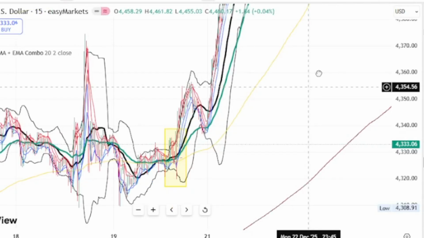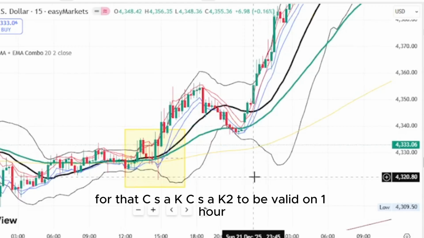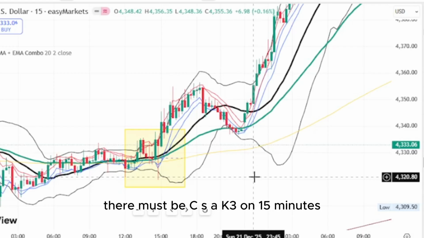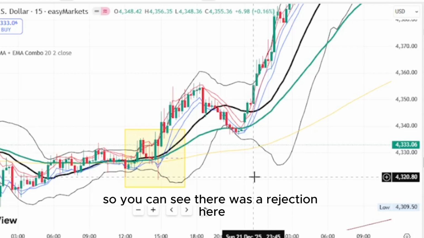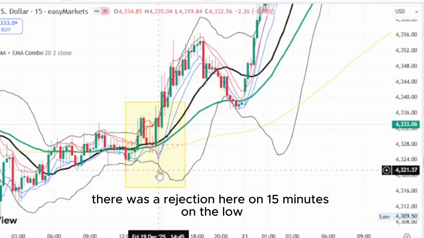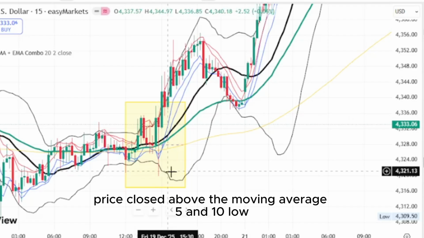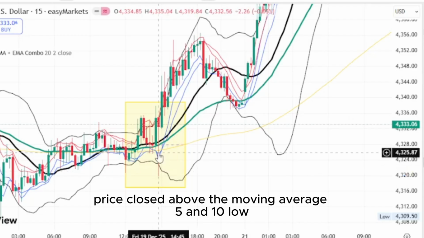So what was my explanation for that CSAK 2 to be valid on 1 hour? There must be CSAK 3 on 15 minutes. You can see there was a rejection here on 15 minutes on the low, and then what happened? Price closed above the moving average 5 and 10 low, closed above the mid BB.